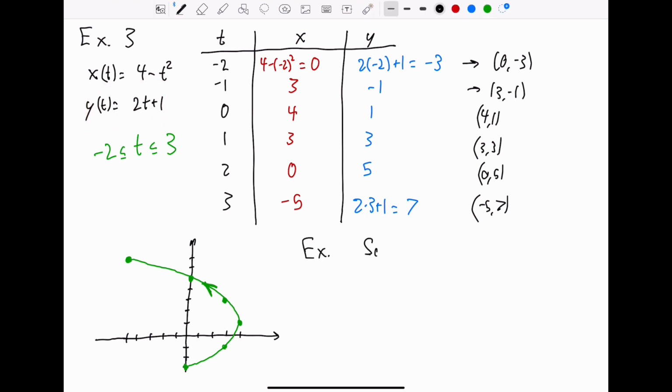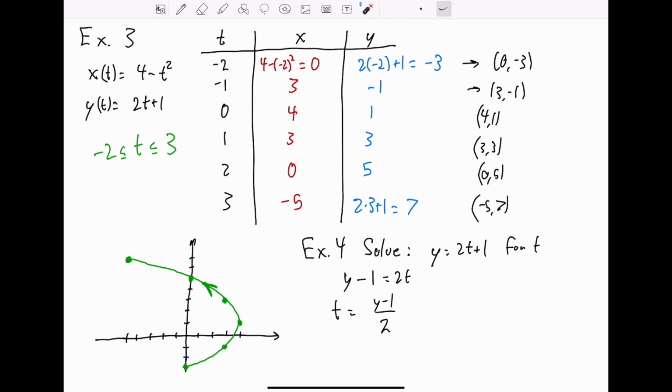We're going to solve the y equation, y equals 2t plus 1, for t. So y minus 1 equals 2t, and then divide both sides by 2, we have that t is (y minus 1) divided by 2. We can take this expression for t, substitute into the x equation, and we will have a Cartesian equation of this parametric curve.